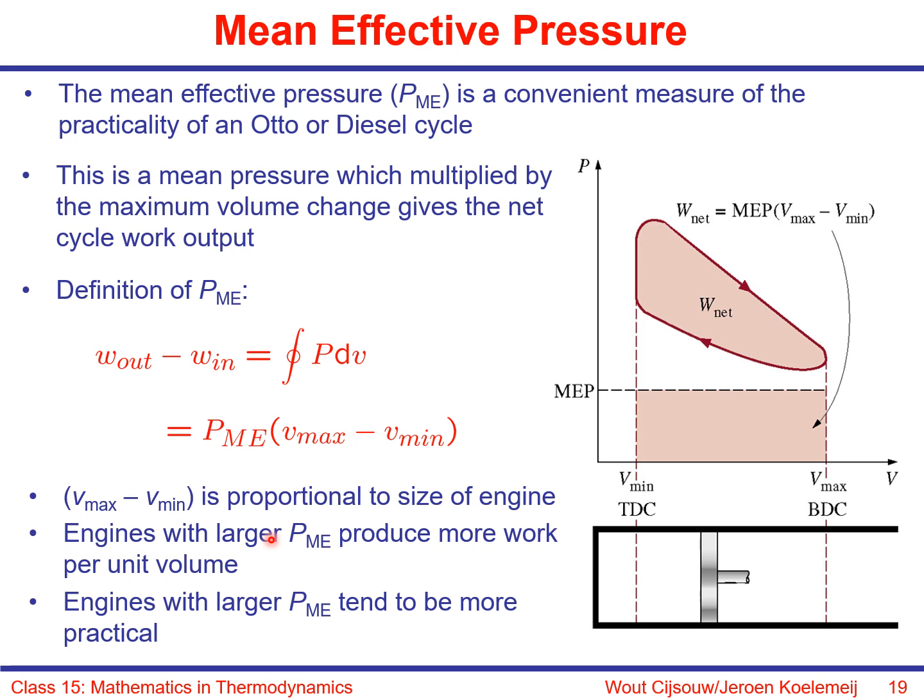And for that reason, engines with a larger mean effective pressure tend to be more practical. So it's something you want to remember. And if you come across a data sheet for some sort of reciprocating engine, then you will recognize, hey, this mean effective pressure, that's an interesting quantity.